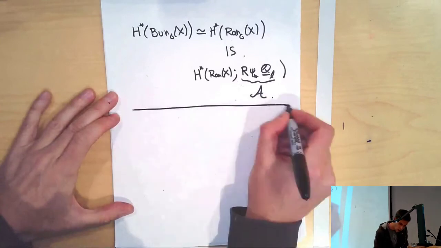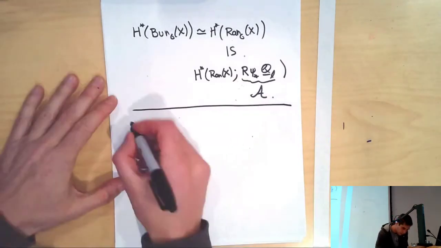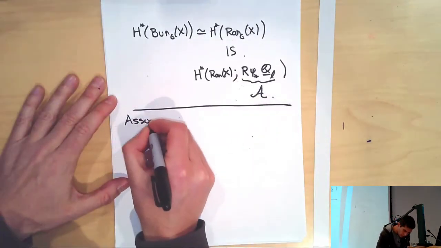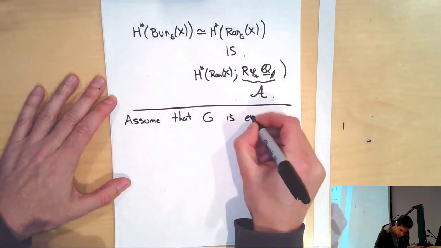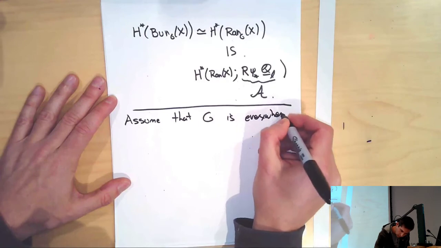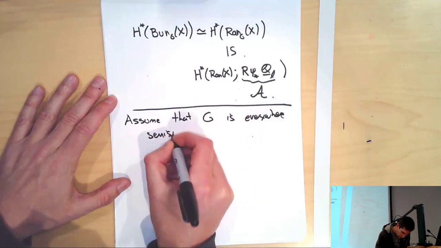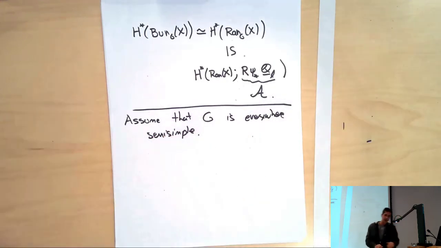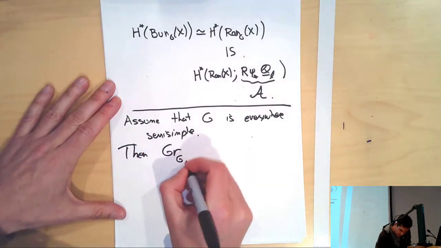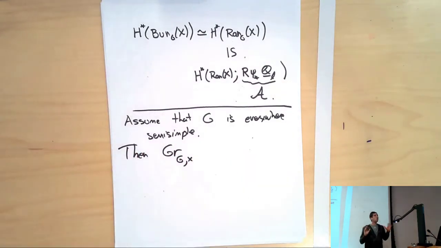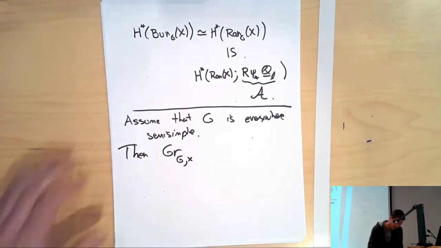Okay, so what does A look like? So let me make an assumption. So assume, for simplicity, that G is everywhere semisimple. So that has consequences. One consequence of that is that these affine Grassmannians, Gr G x, they're almost projective algebraic varieties.